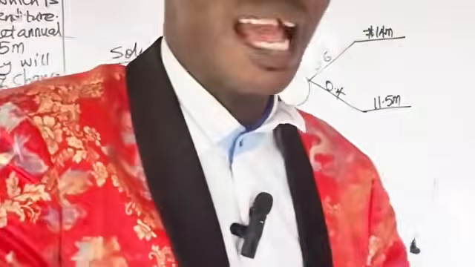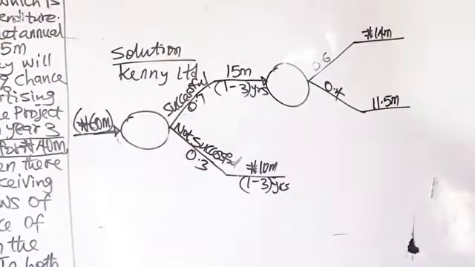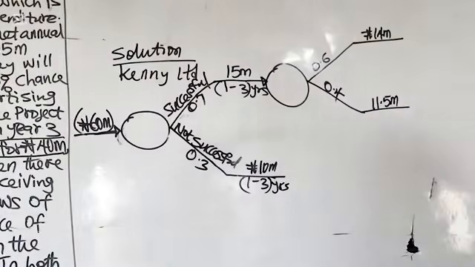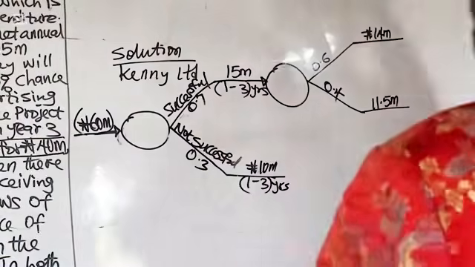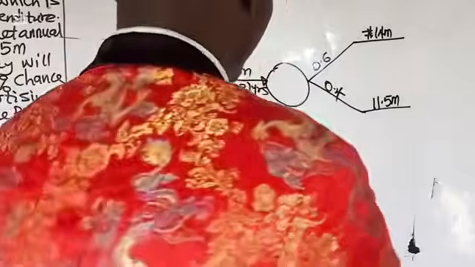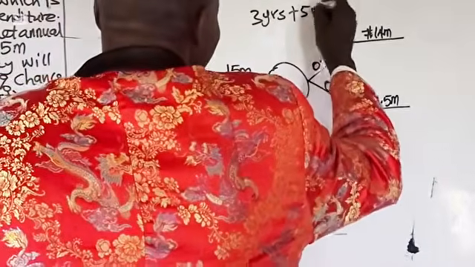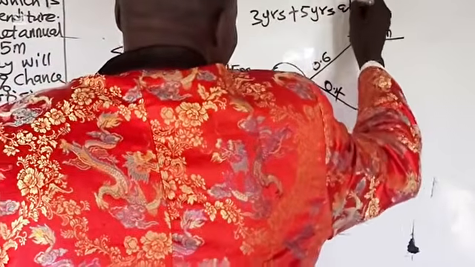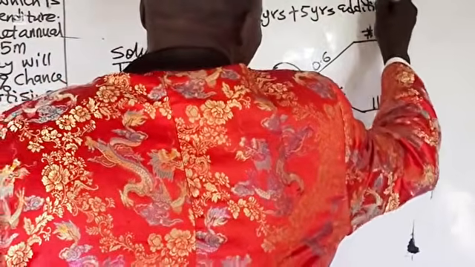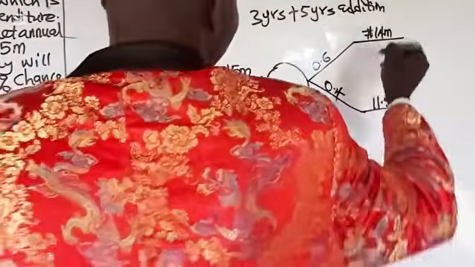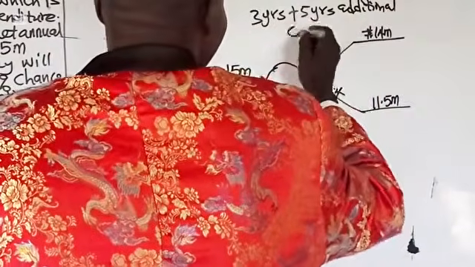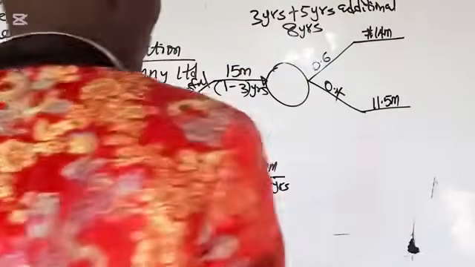Following 5 years means additional 5 years. If you add 5 years to the initial 3 years, 3 plus 5, that is following 5 years. So that will be 8 years altogether.